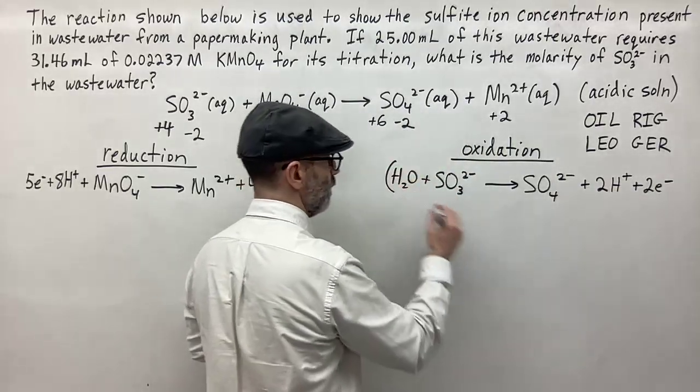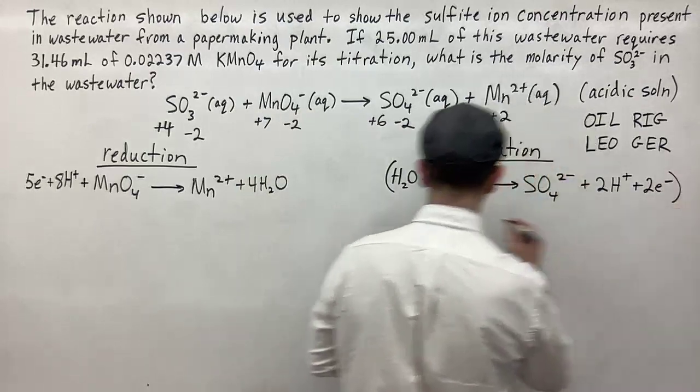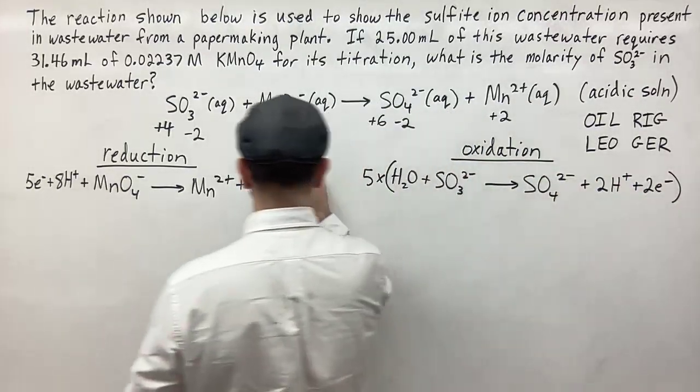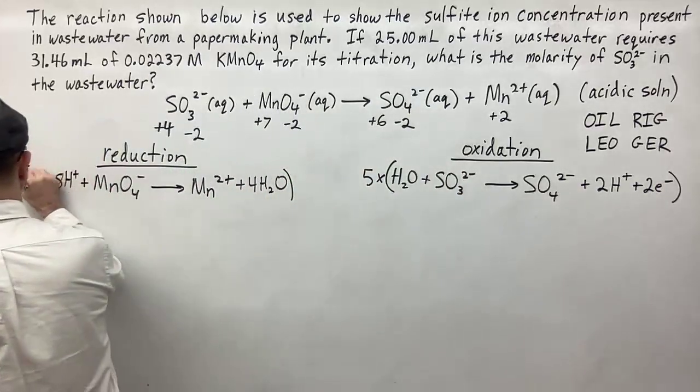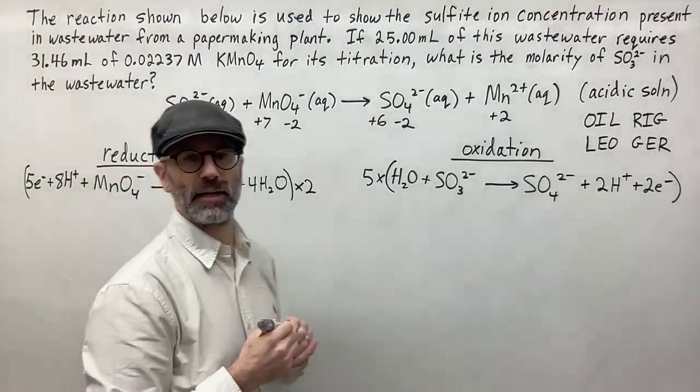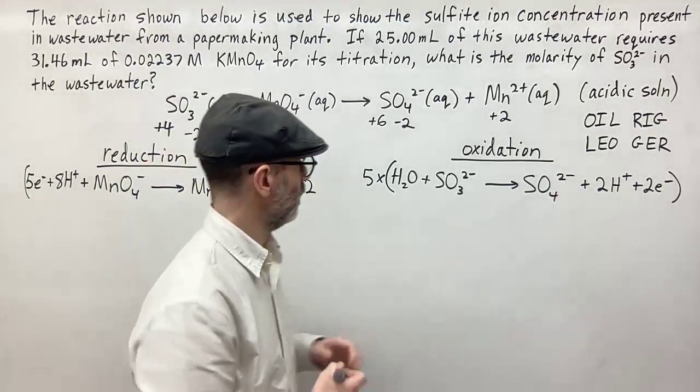So if I multiply this equation by 5, I'll get 10 electrons. And if I multiply this equation by 2, I get 10 electrons. So then let's do that.